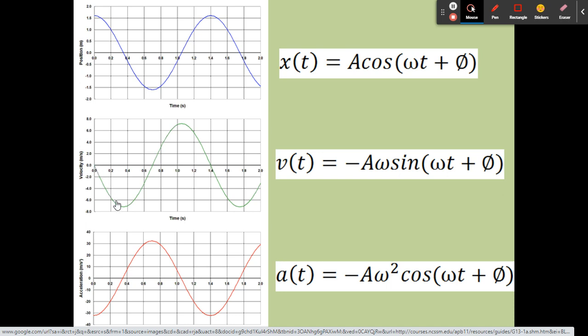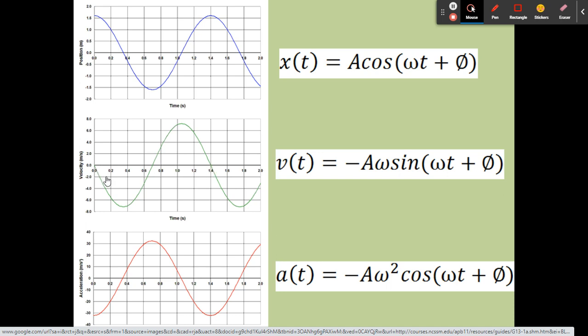It's going to go fastest when it's in equilibrium, so right here, and it's going to go 0 when it goes through equilibrium again, and then it's going to go fastest when it goes through, it's going to go 0 when it's all the way squished in, and then it's going to go fastest when it gets back to equilibrium again, and then it's going to be stopped when it stretches out again.